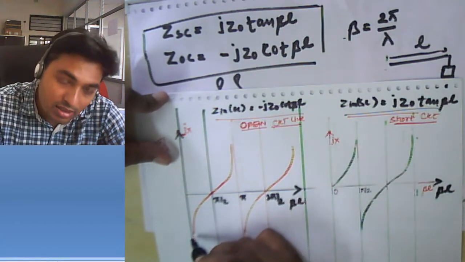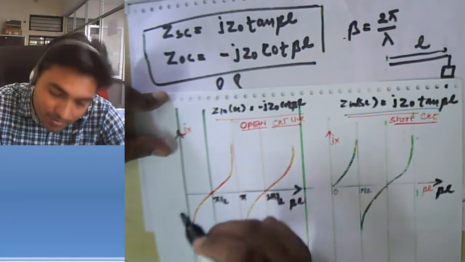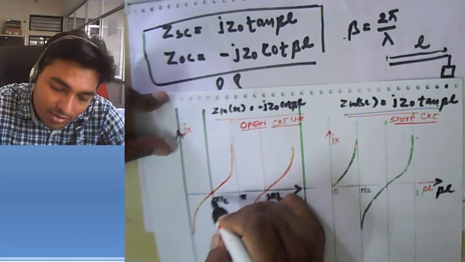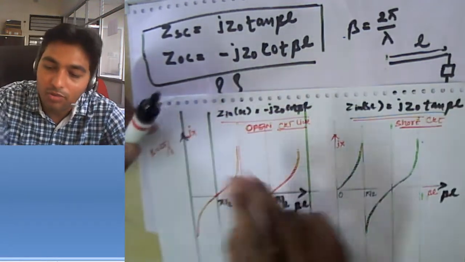This curve is an asymptotic curve. It starts from minus infinity and converges at βL equal to π/2. When does this happen?